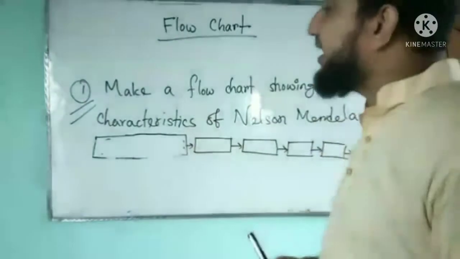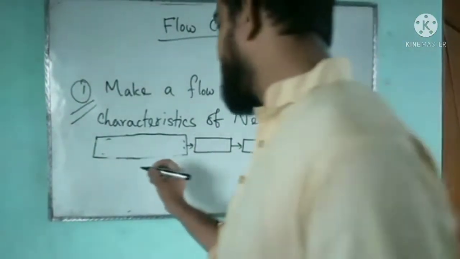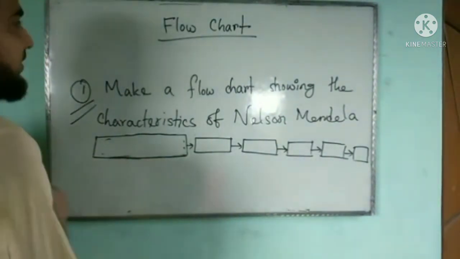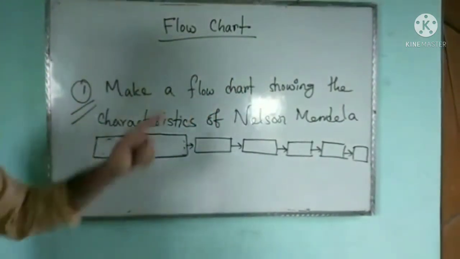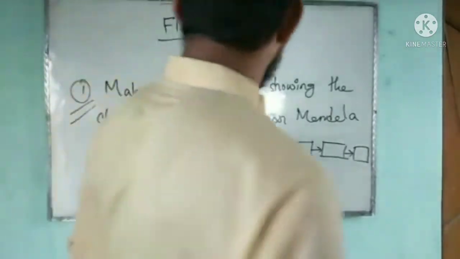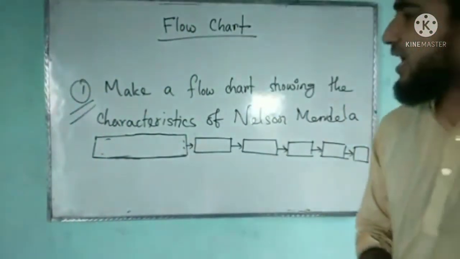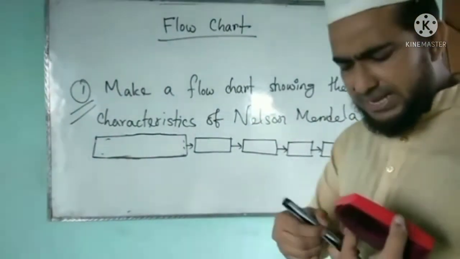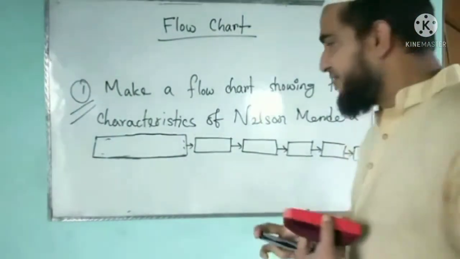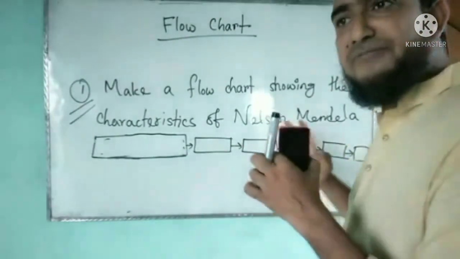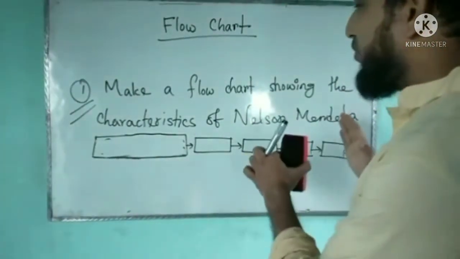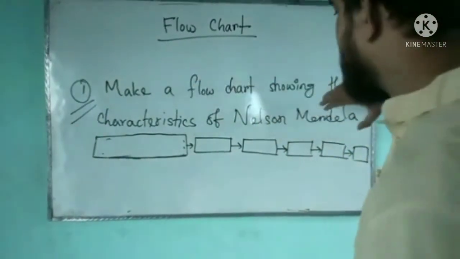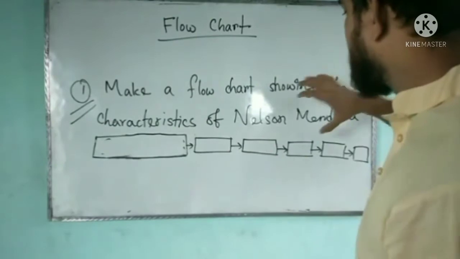Now let us revise again from the very beginning of my class. You will get the flowchart question in question number 3. For answering the flowchart, we have to give more importance to the part after showing. In every question there will be something written after showing.